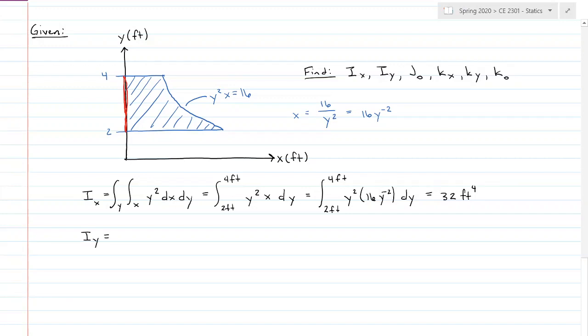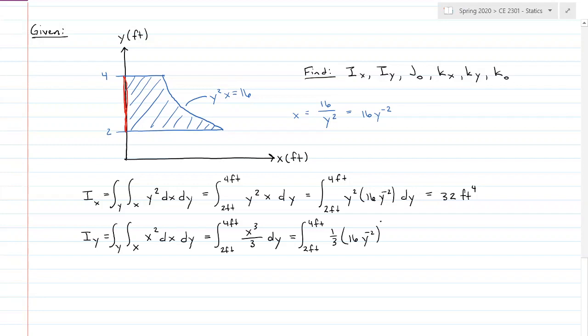For the other, again, I'm going to put the integral y on the outside, x squared dx dy. So that's going to give me the integral from 2 feet to 4 feet of x cubed divided by 3 dy, which is going to be the integral from 2 feet to 4 feet of 1/3 of (16 y to the minus 2) cubed dy.